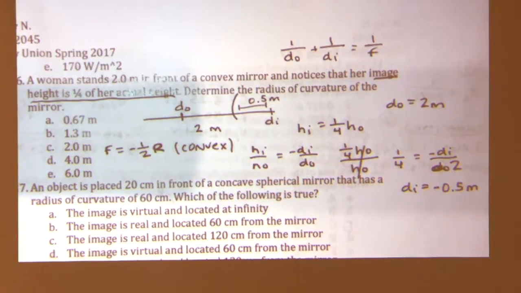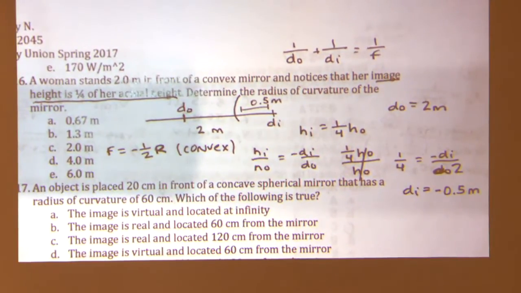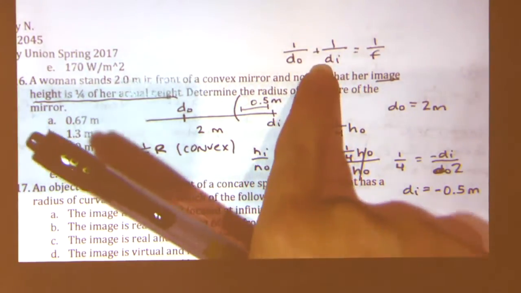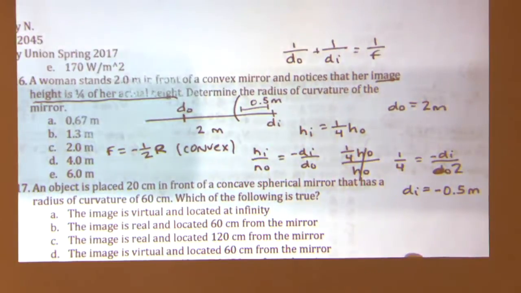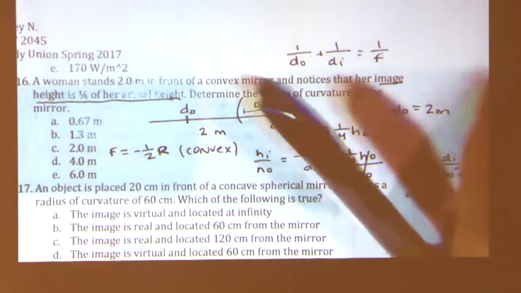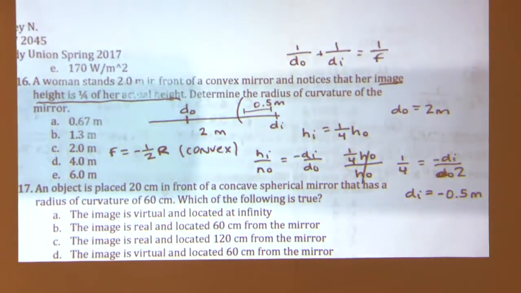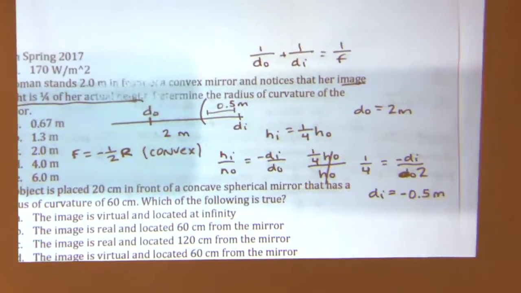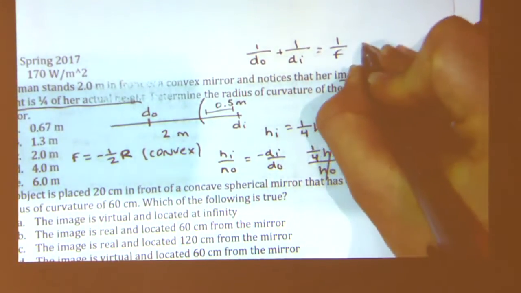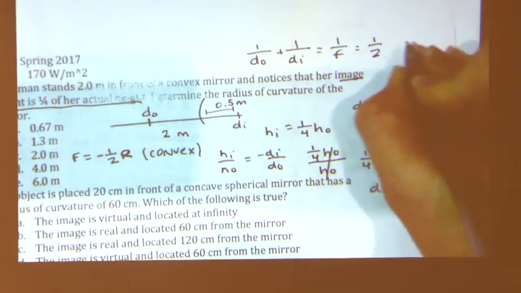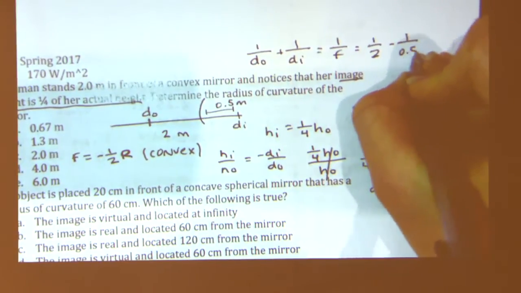And we will just be plugging numbers in. For these questions, make sure you also carry over the sign. So since DI is negative, it's basically going to be 1 over DO minus 1 over DI. So this will equal 1 over 2 minus 1 over 0.5.